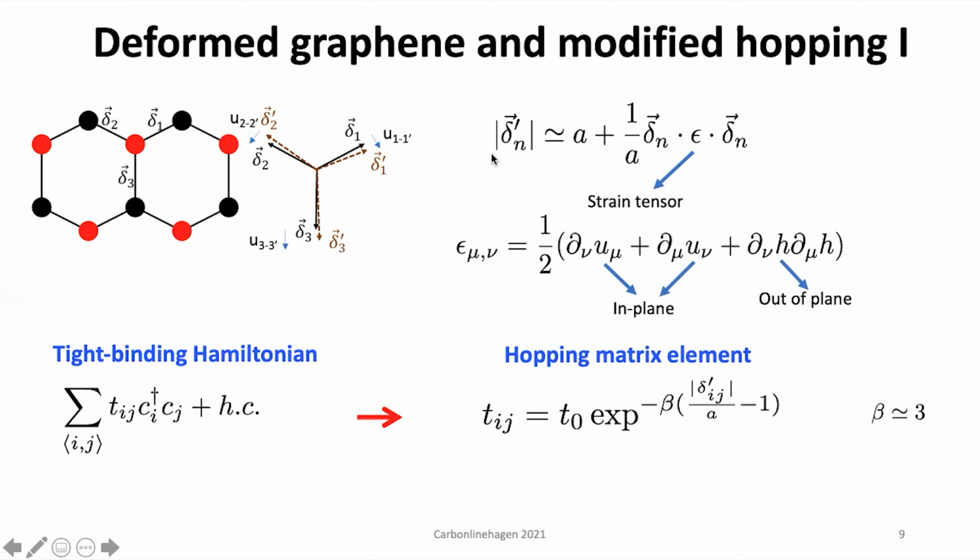So in general, the modulus of the vector changes from the original length of the vector, and it requires a correction. If these changes are small because the displacements of the atoms are small, they can be described with continuum elasticity theory in terms of the strain tensor.